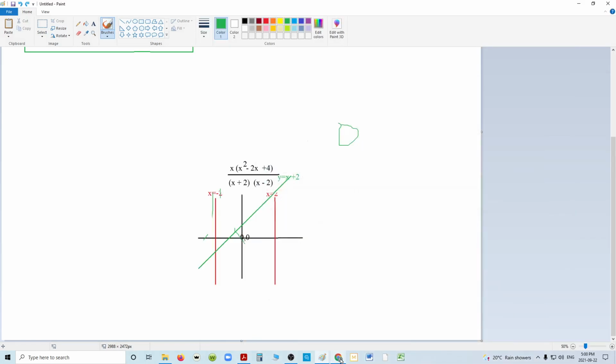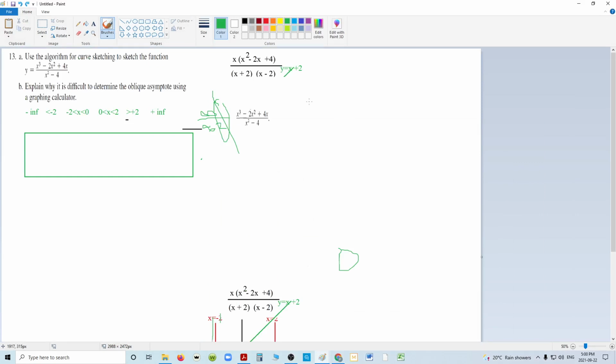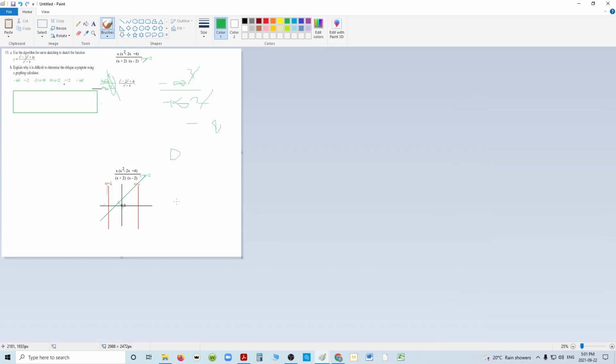We also know that when we're way up at negative infinity, the top becomes negative infinity cubed. And it stays negative because it's cubed. But the bottom becomes positive infinity squared because it's squared. When we cancel out, we're left with negative infinity, which tells me way off at negative infinity it's going to go way down here.